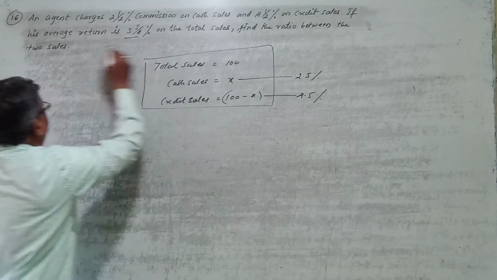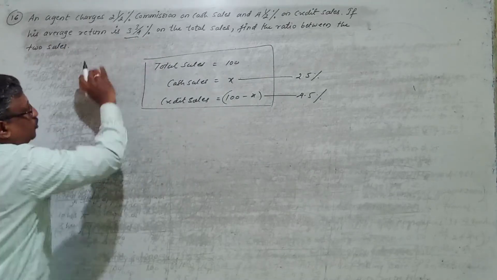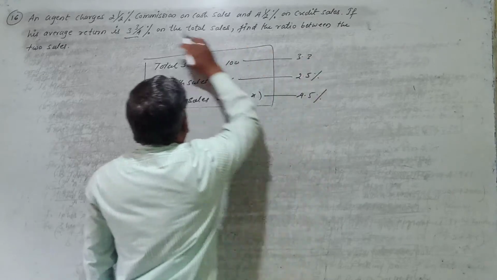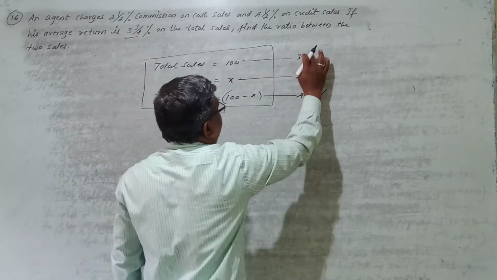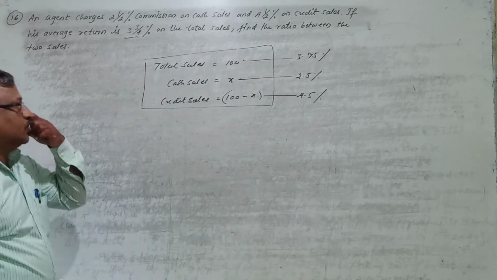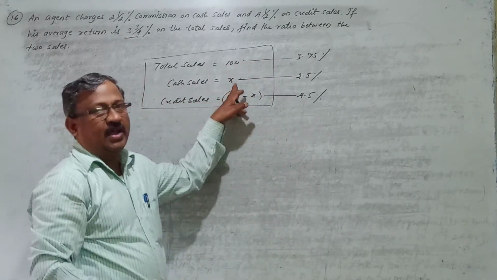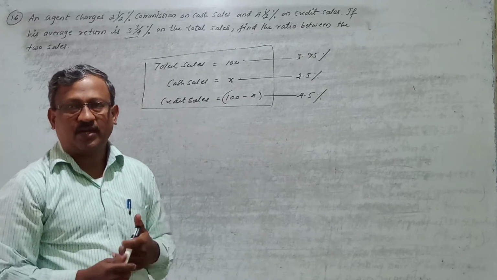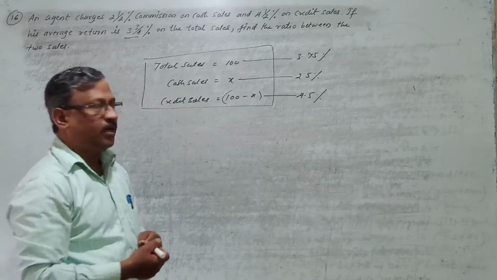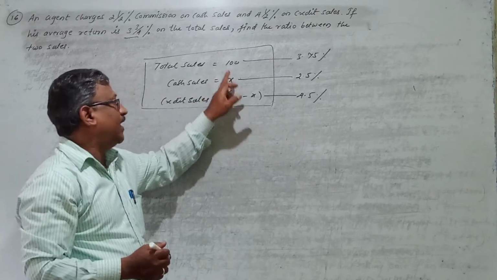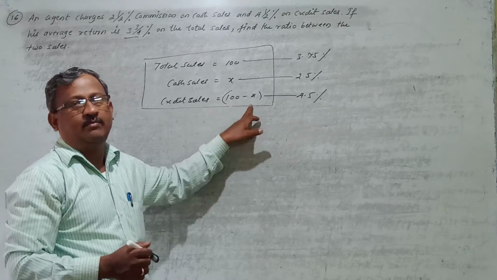On an average, his average return overall is 3 3/4%, which means 3.75% on total sales. So you have to find out what must be the cash and credit sales. Until and unless you know the cash and credit sales, we cannot calculate the ratio. I hope this is clear to you all. So let's assume total sales be 100, cash sales be X and credit sales be 100 minus X.